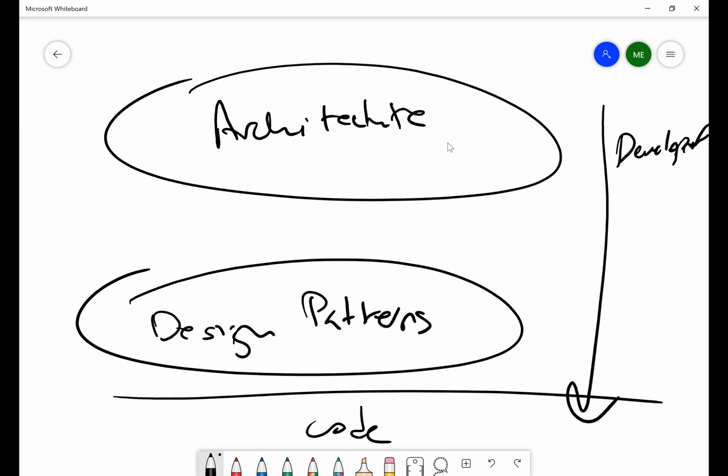So we're talking more about the detail, about the class level. The solutions we're going to end up with are combinations of classes set up in a certain way. So it's reuse from this perspective.